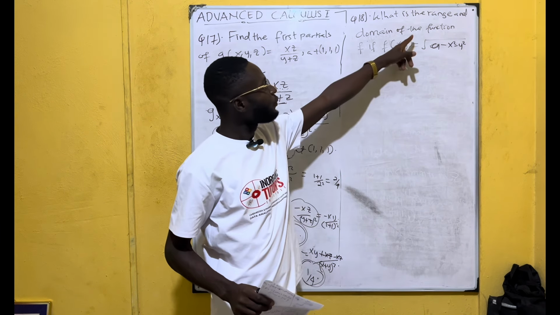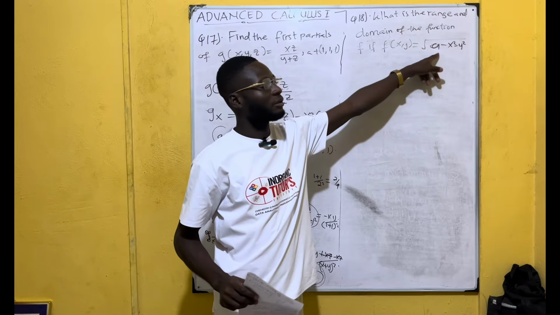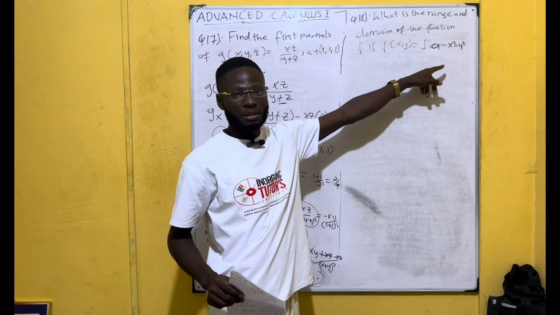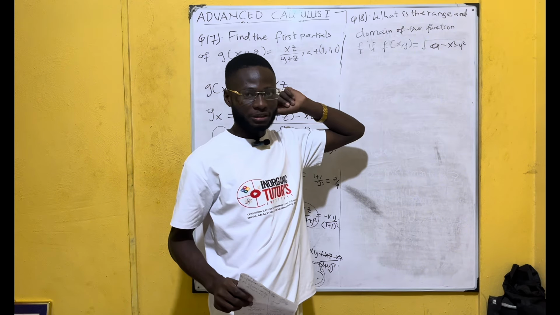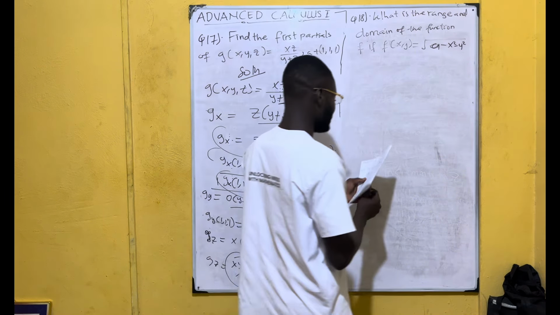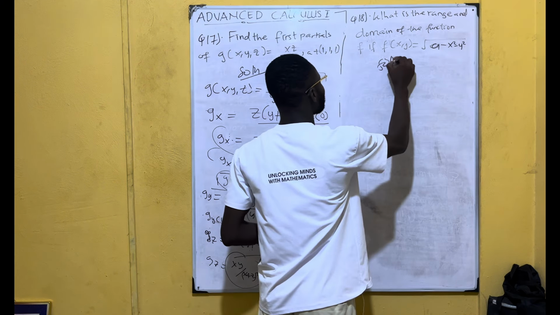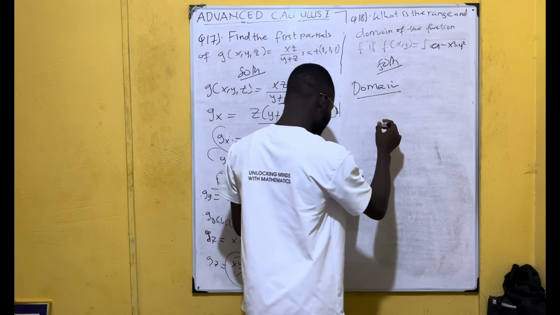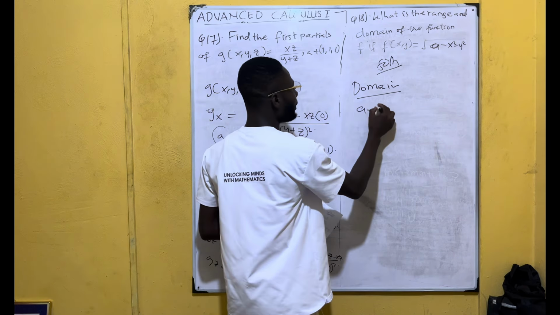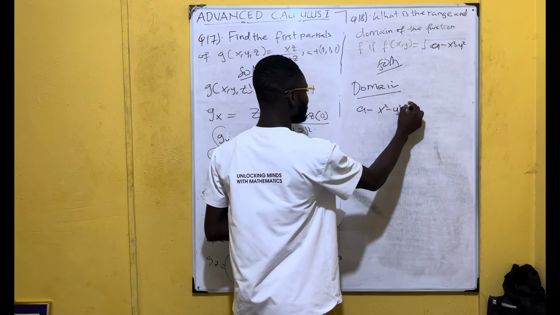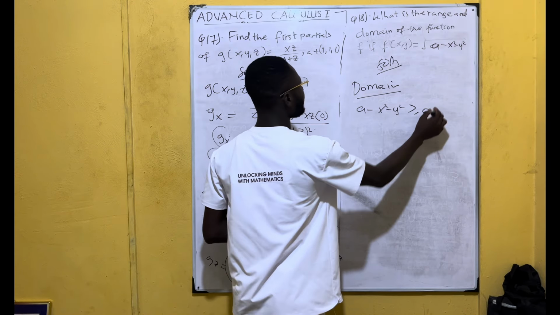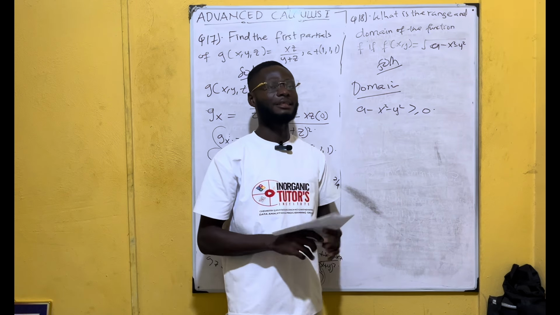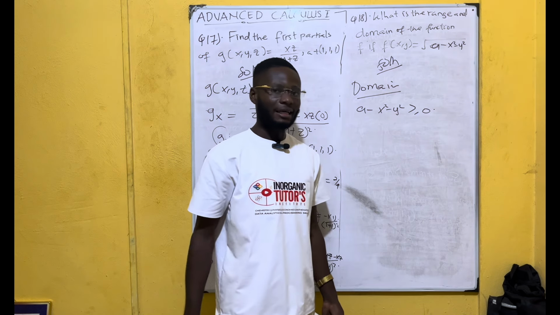We are asked to find the range and domain of this particular function. Remember, we have come across a function of this sort from our previous questions, right? So this one, the domain is going to be a minus x squared minus y squared, and this should be greater than or equal to 0. Remember, anytime you have an expression under the square root sign, it's either equal to or greater than 0.